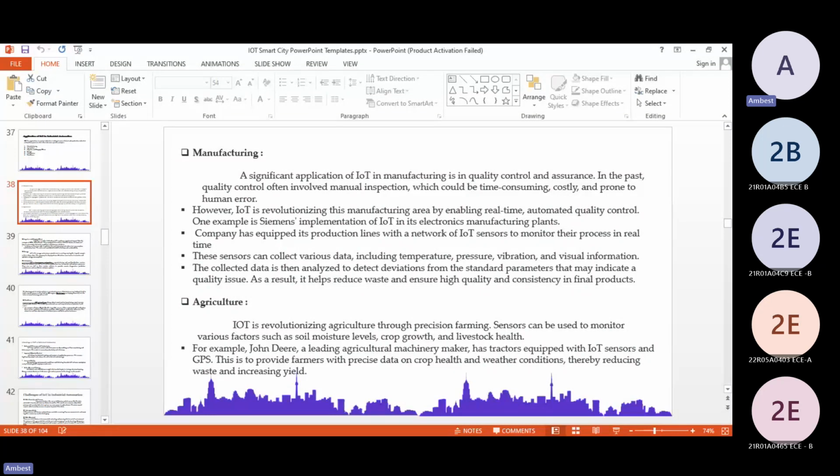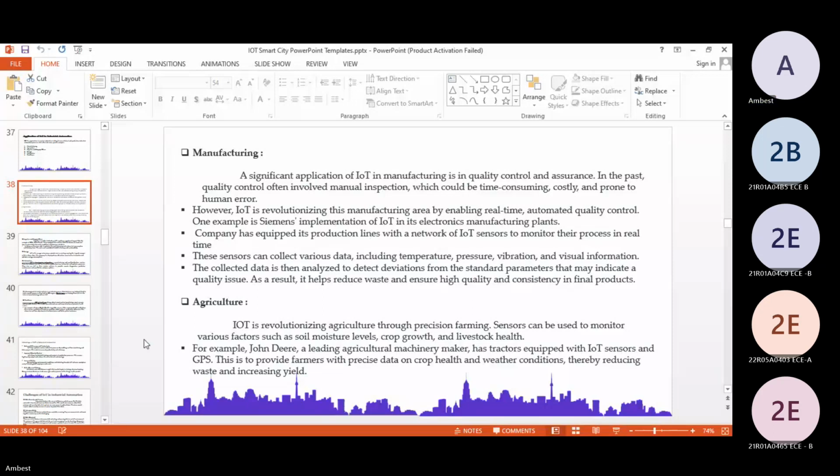So it indicates and you pluck off only that one plant, and with that the whole crop is kept safe. In that way, we reduce waste and increase yield. The weather conditions and the crop health are mandatory to check, whether the recorded data shows healthy or not. So it helps very well.